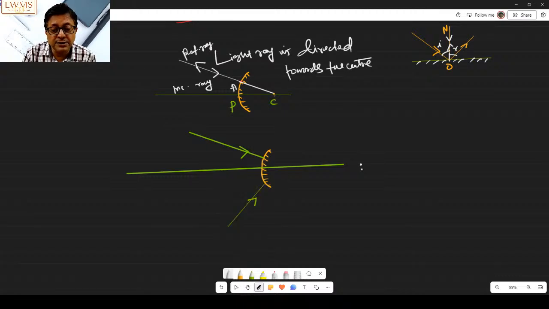Where are these 2 rays supposed to meet? On the principal axis. But due to this mirror, it is not possible. They are supposed to meet at a point, so this point is going to be the position of the virtual object.